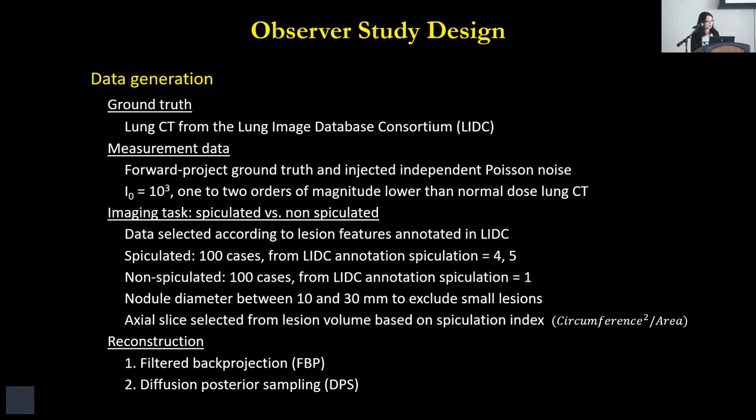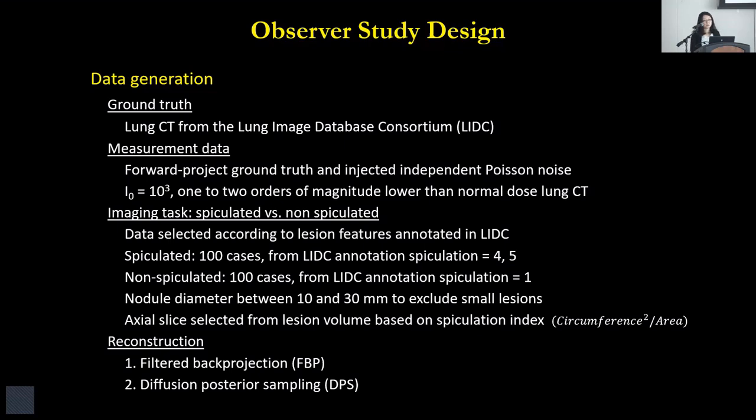For spiculated lesions, we chose 100 cases from the pool of lesions the public annotation has designated as spiculated, and for non-spiculated, we chose another 100 cases. So there are 200 cases in total. We want to exclude small lesions where we don't have the spatial resolution to distinguish boundary features, so we limited the nodule diameters to between 10 and 30 millimeters.